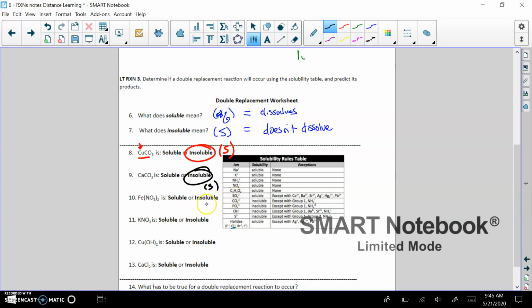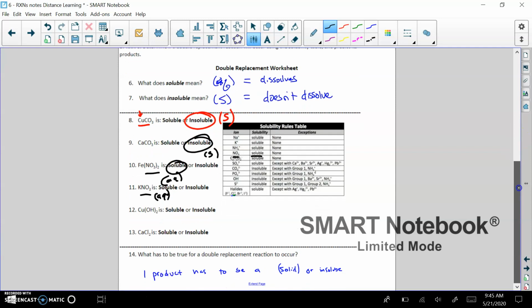Alrighty, iron nitrate, NO3. NO3, soluble, so that one is AQ. NO3, soluble, no exceptions, AQ. So that's kind of the gist of that. You basically have to go through and figure out, is it soluble or insoluble? And use this on the back side of your periodic table to do that.